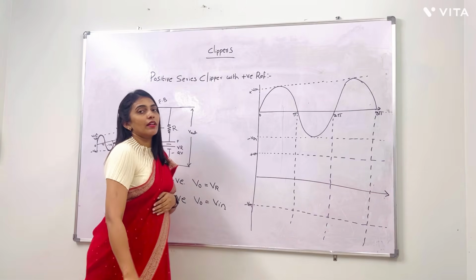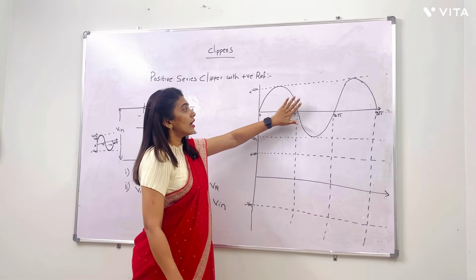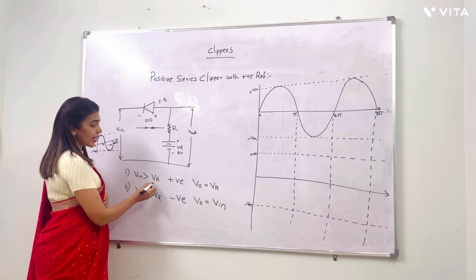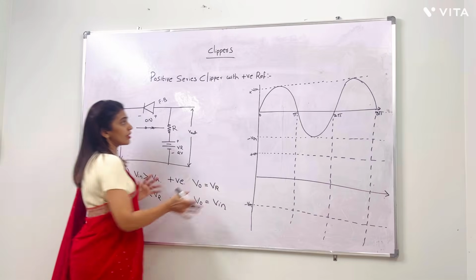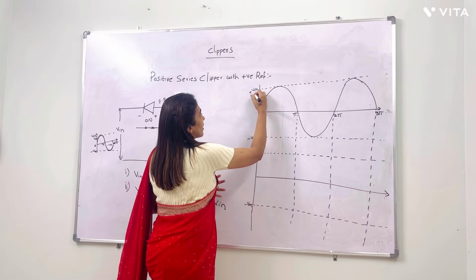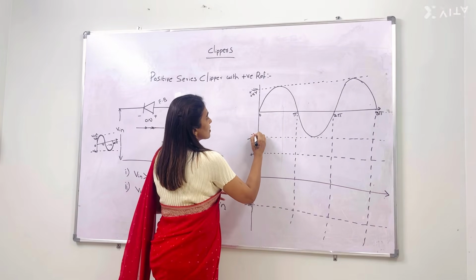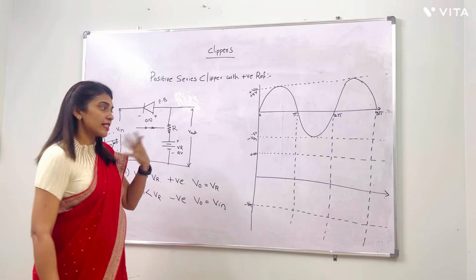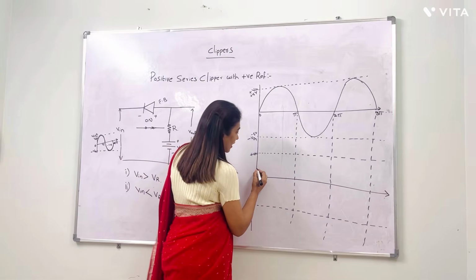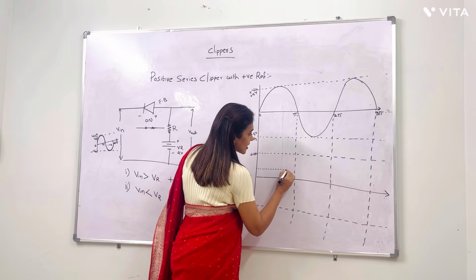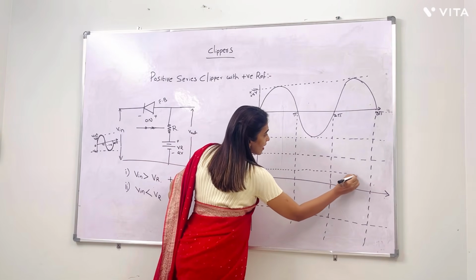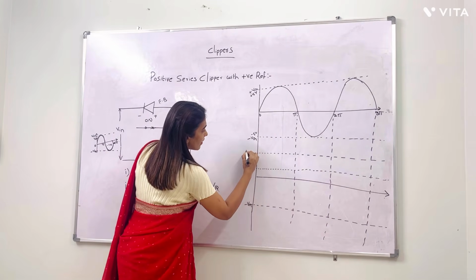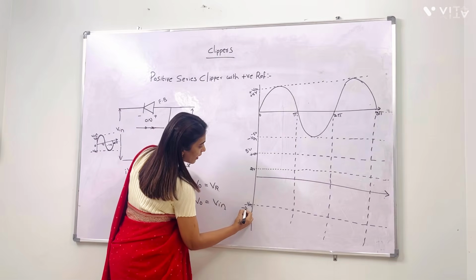So this is the input waveform. What is the first condition? Vin greater than VR. For example, the input swings between plus 5 volts and minus 5 volts. Here I am taking a positive reference voltage of 2 volts.